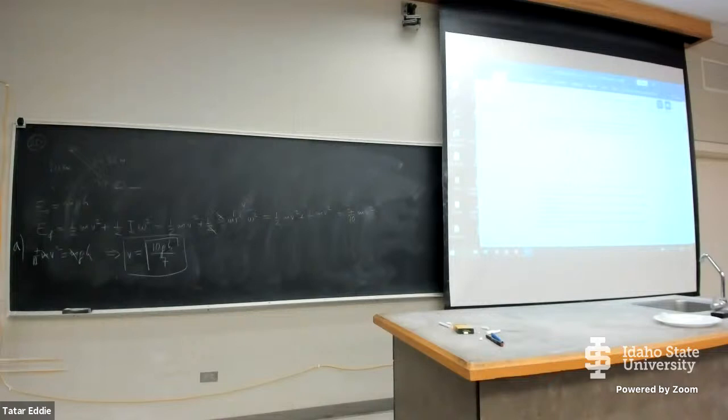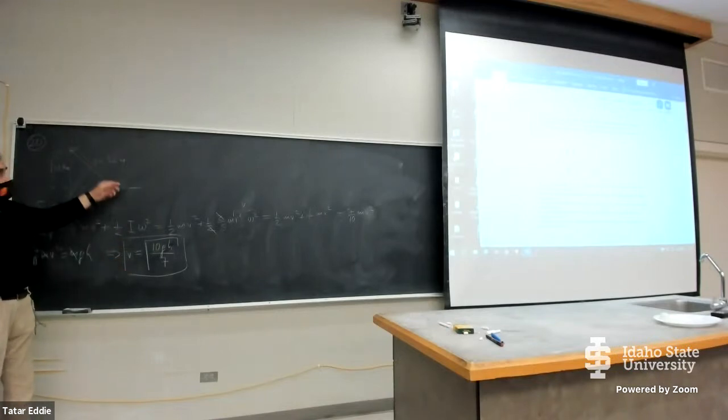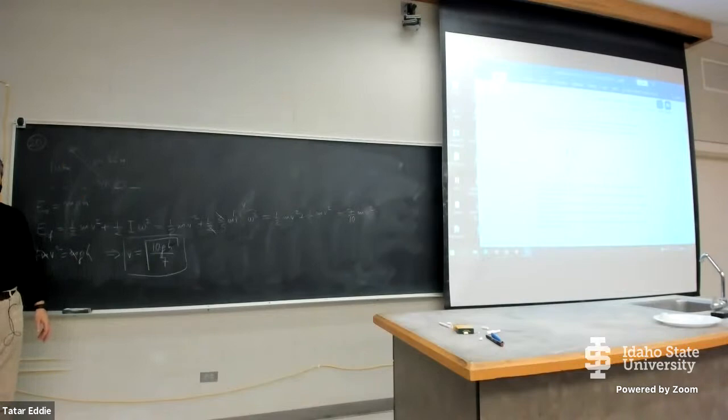Part B, average linear acceleration. Look, your speed goes from 0 to this number in a distance of 3.6 meters. So kinematically, you can find the average acceleration, right?